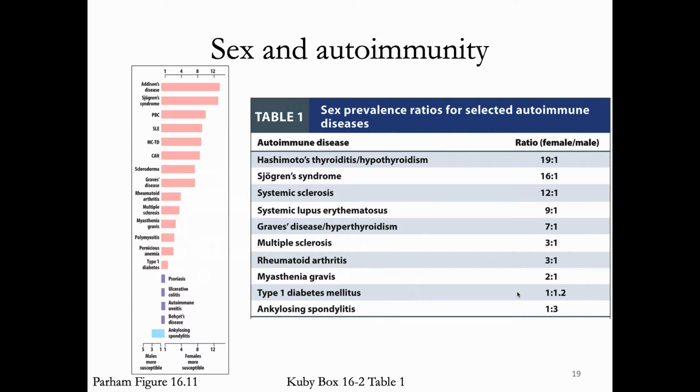And on the table, what you can see is that in many of the autoimmune diseases that are listed here, the female to male ratio is dramatically in favor of females ending up with those autoimmune diseases. So in the case of Hashimoto's thyroiditis, 19 times as many females have that disease. In the case of Sjogren's, 16 times. In the case of systemic sclerosis, 12 times. In lupus, 9 times.